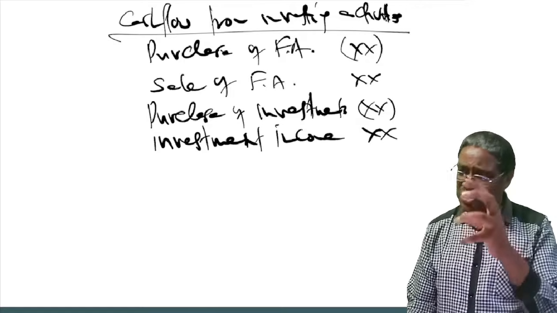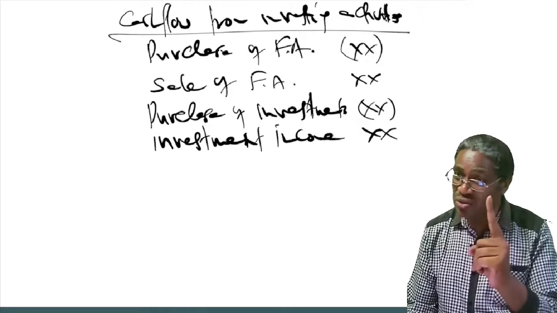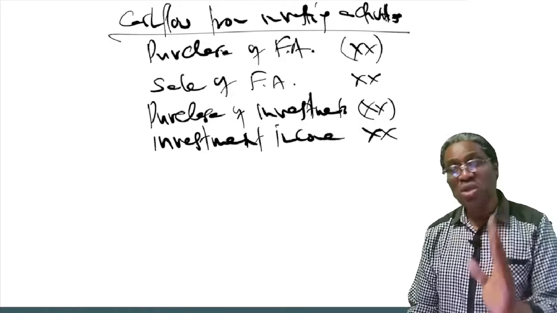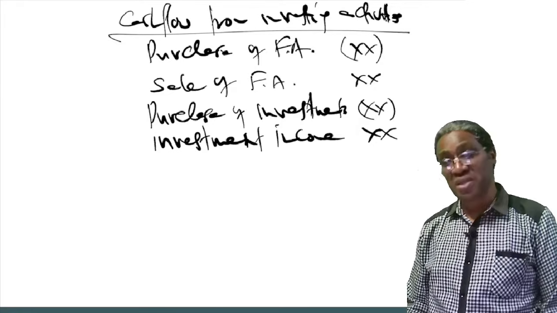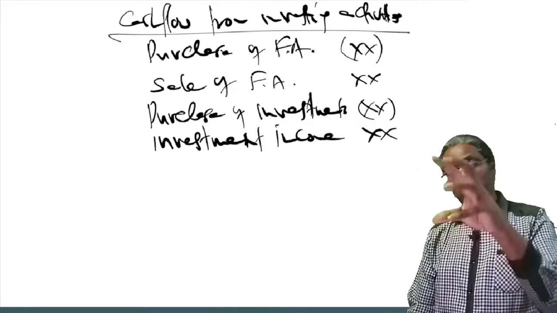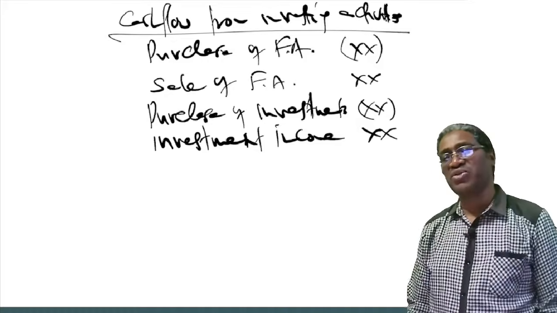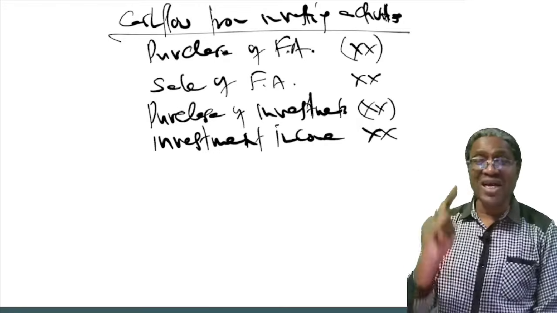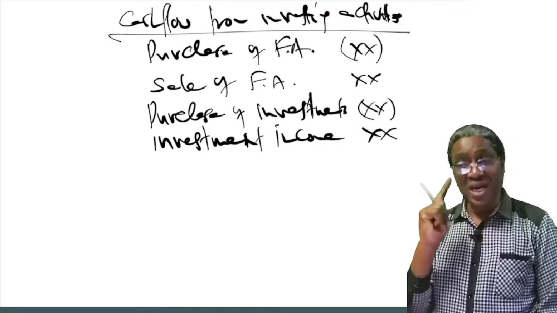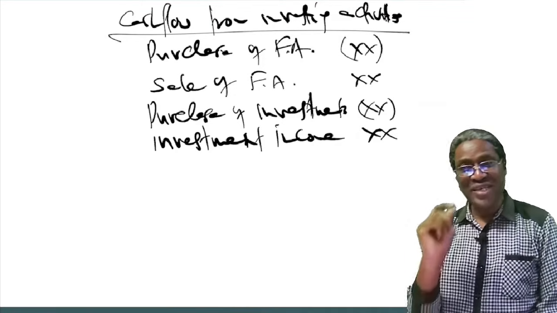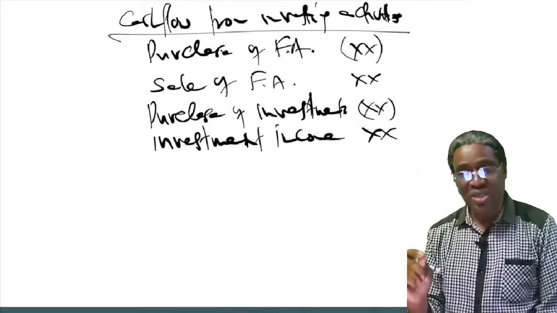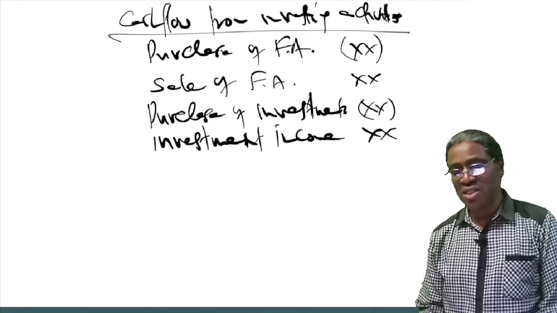So don't consider it as operating. No, we consider it as an investing activity. If you bought an investment and those investments are giving you an investment income, then we consider it as an investing activity. That's important.